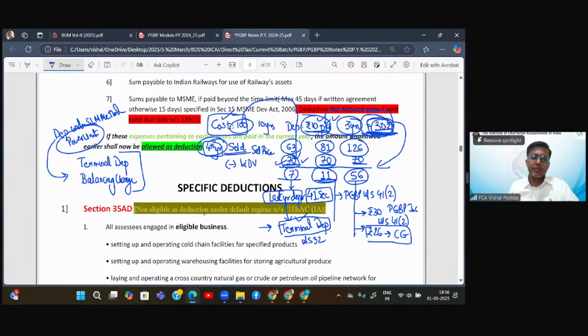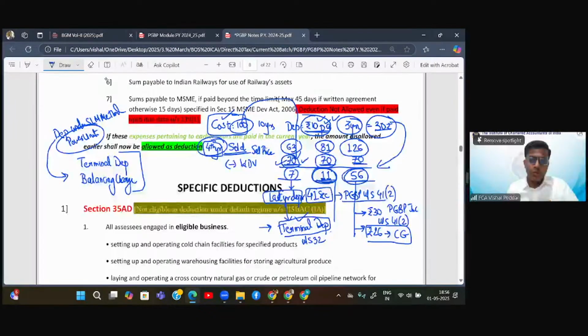And in other cases where there is surplus, this surplus is not actually your profit on this asset. It is firstly the recovery of this 30 rupees, which you have already reduced from the cost of the asset and shown as a deduction in PGBP. So when you are getting this surplus, it is actually getting that 30 rupees back first. So until you are recovering up to 30, like in the first case, you have recovered only 11, the entire 11 is PGBP.